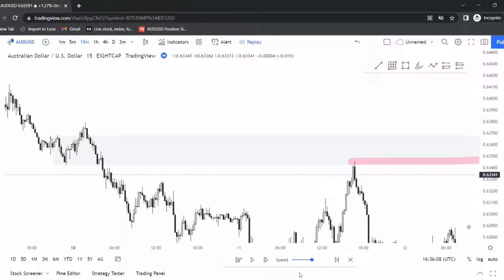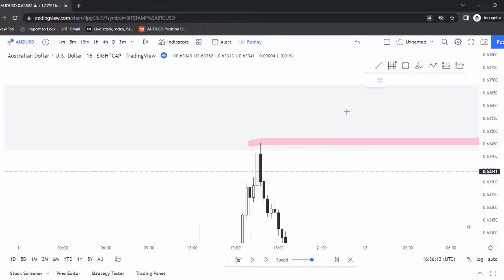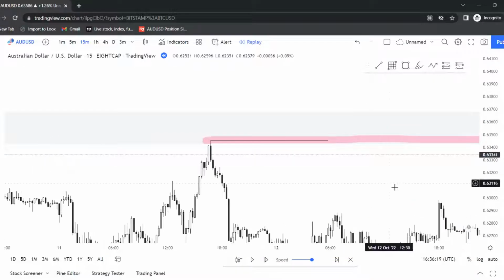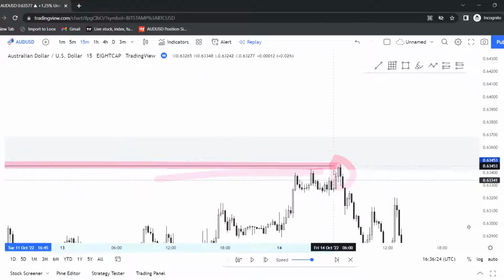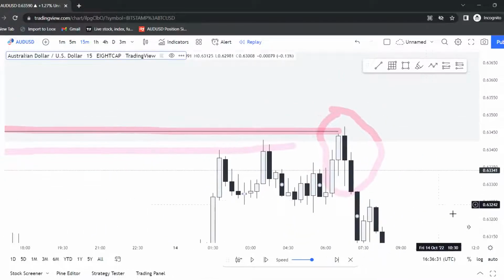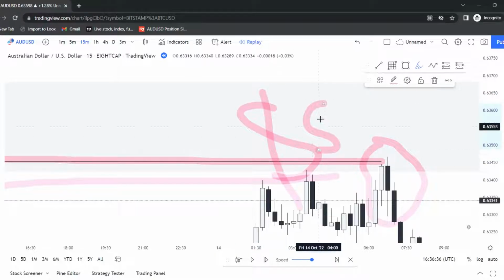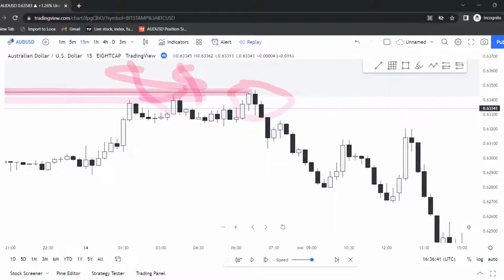So if I could just zoom in and draw a quick line, starting just from over here, yep, perfectly. And if I zoom out, we can see that it did actually go above that very zone and took some liquidity that was sitting in these highs over here.